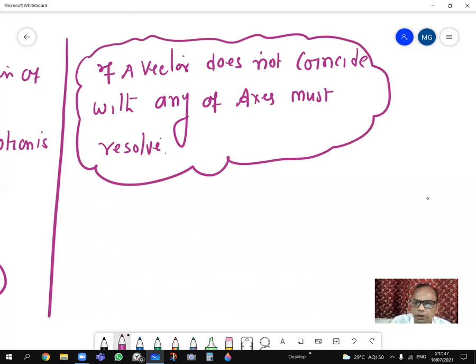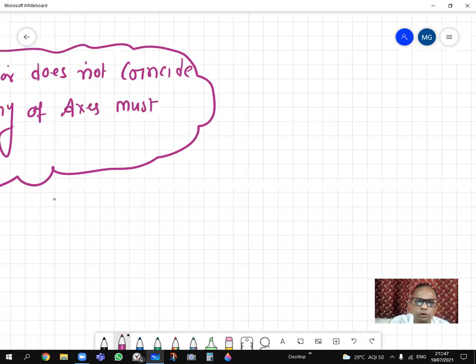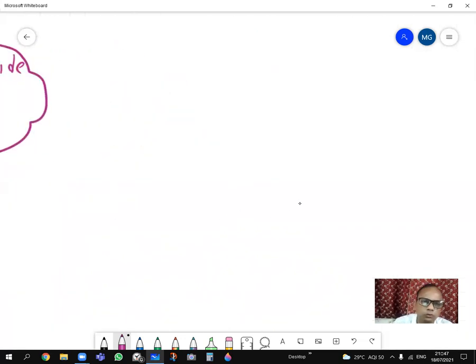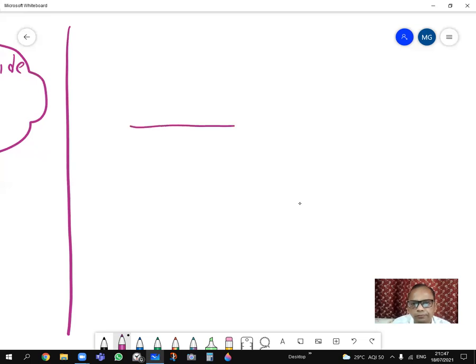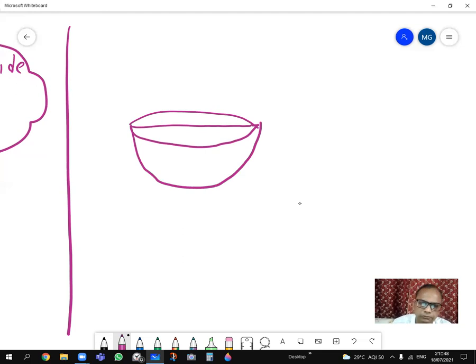Okay. Now I am taking two similar kind of problem and then show you how different two problems are while solving. See, this is a hemispherical bowl. Clear? And this is its axis.